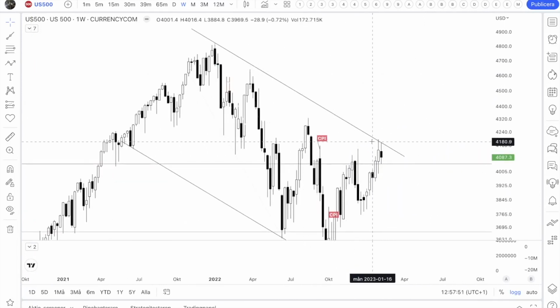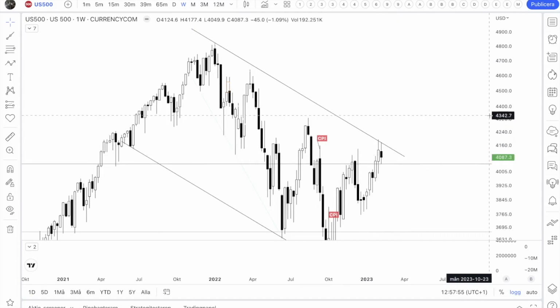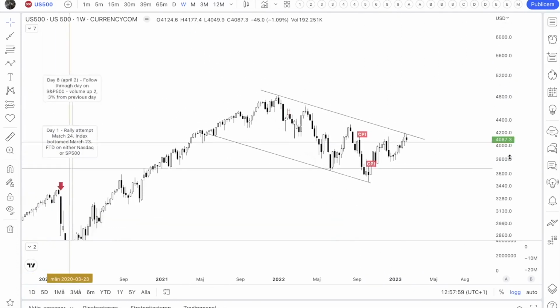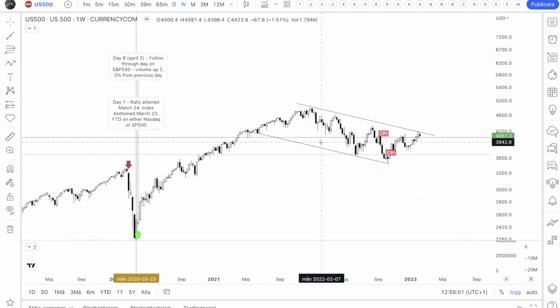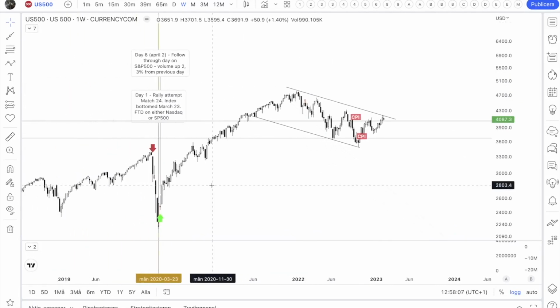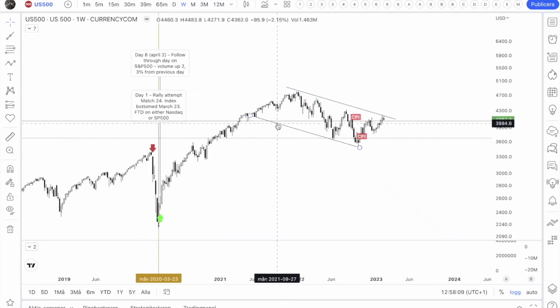Price connects there. That's the local top. Okay, so now we have a broadening range that we also created a channel of. So that's the big channel.